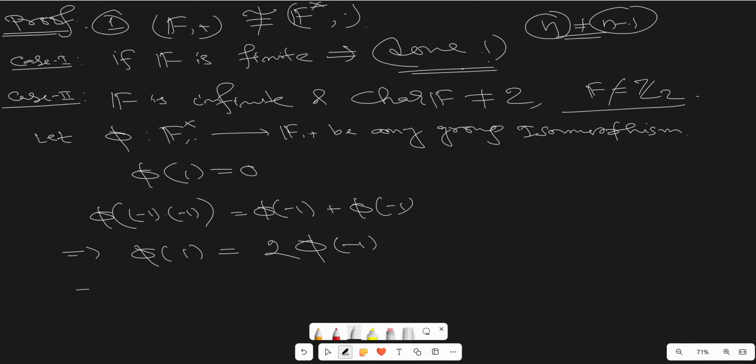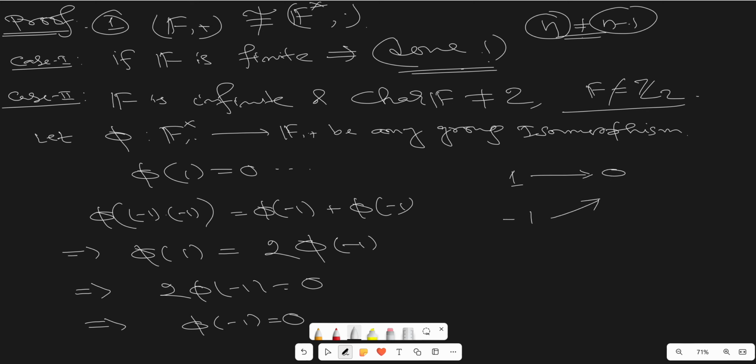So phi of 1 is 0, so 2 phi of -1 is 0, right? Since the characteristic is not 2, you can write phi of -1 is 0, which is a contradiction, because 1 is also going to 0 and -1 is also going to 0.